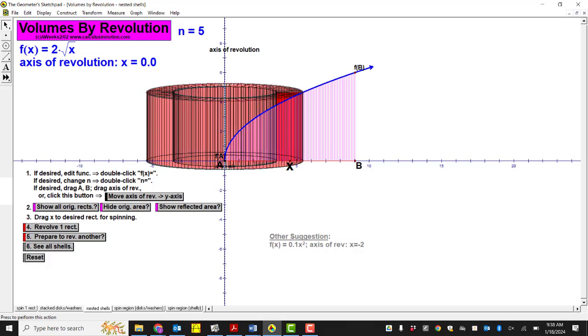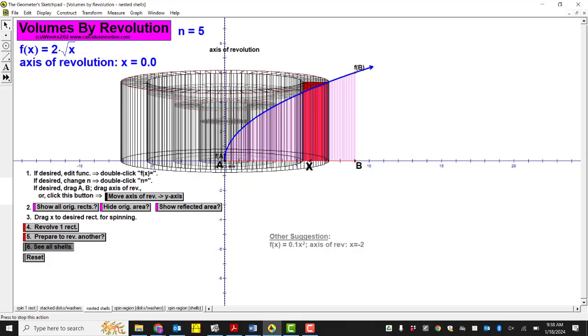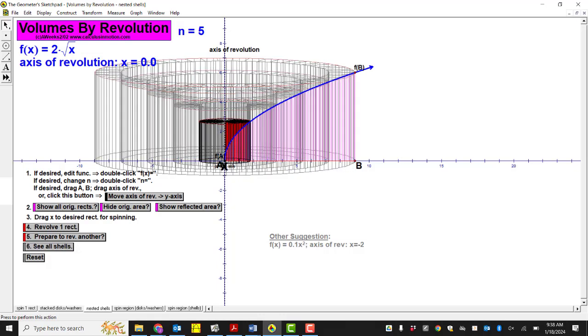Now, notice how it creates this kind of shell instead of the disk we have been having. So if we looked at all of them, we would end up with these nested shells, these shells wrapped around each other.